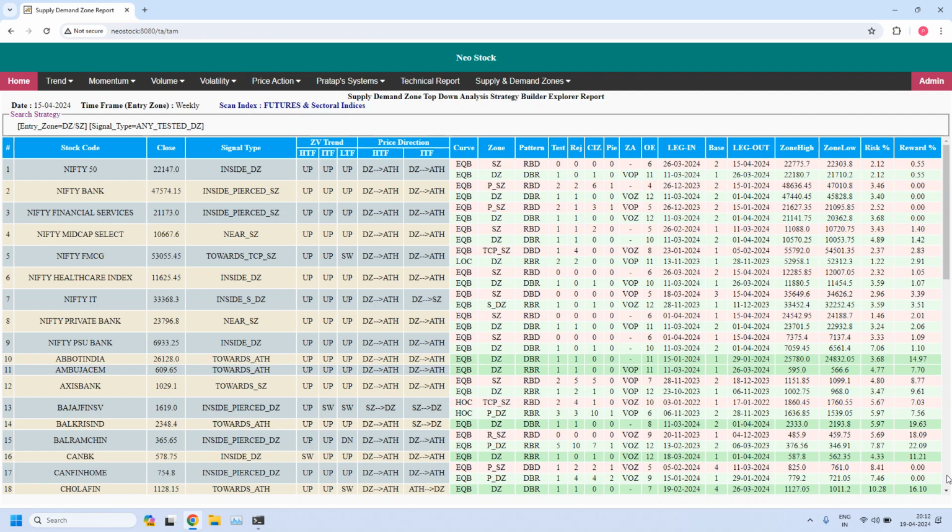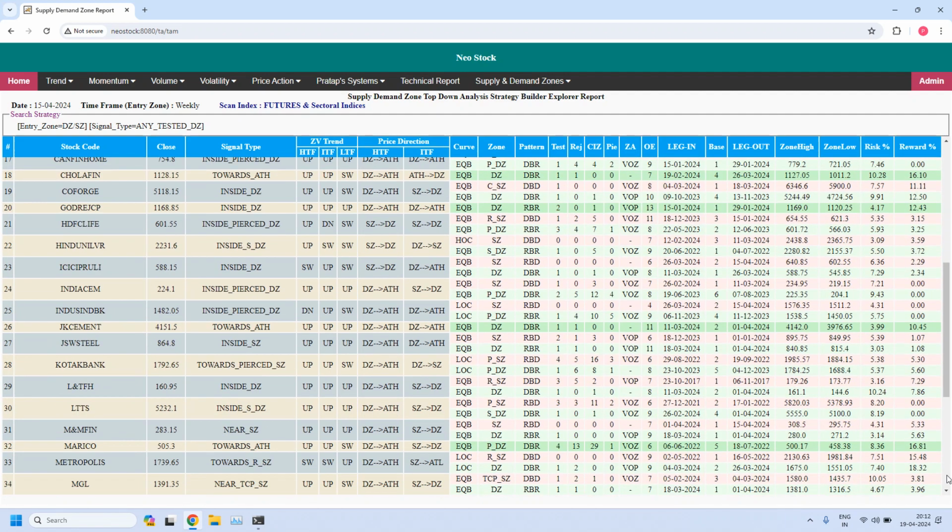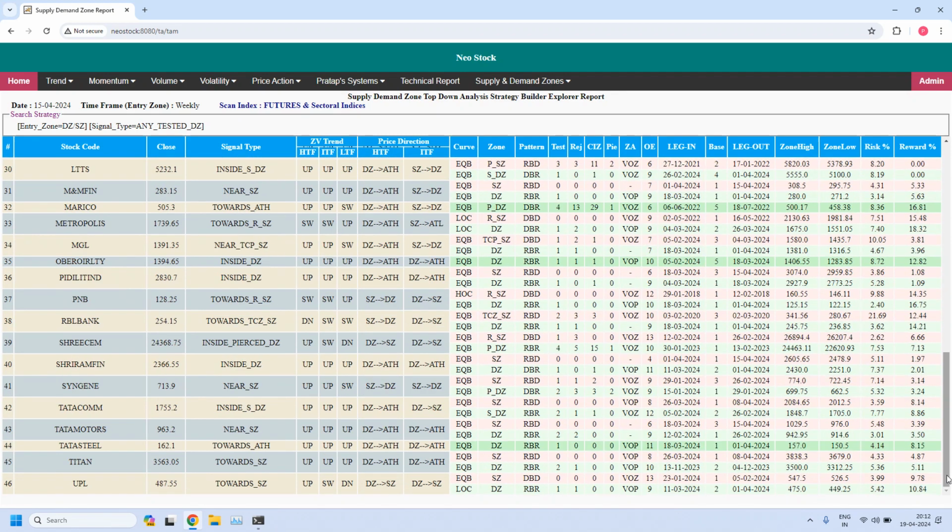Okay, let me scroll down. So total 46 weekly demand zones are tested. Okay, I'm going back.